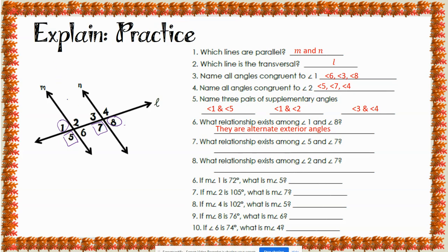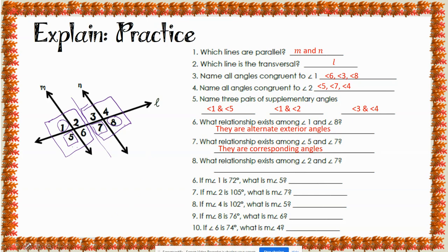Well, if I look at these, I can see that these 4 angles would have been created by line M, and these 4 angles would have been created by line N. Well, angle 5 is over here in the bottom left, and angle 7 is over here also in the bottom left. So because of that, they are in matching corners, and that means that these would be considered corresponding angles.